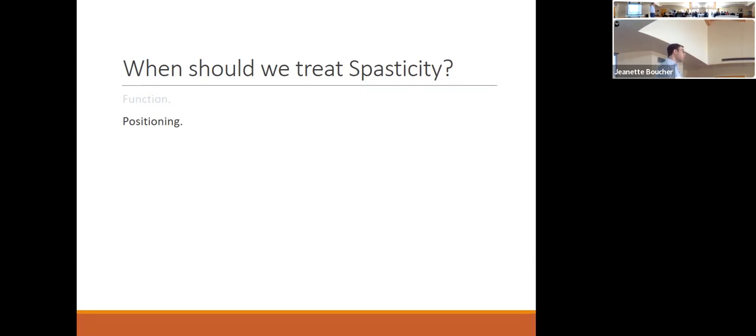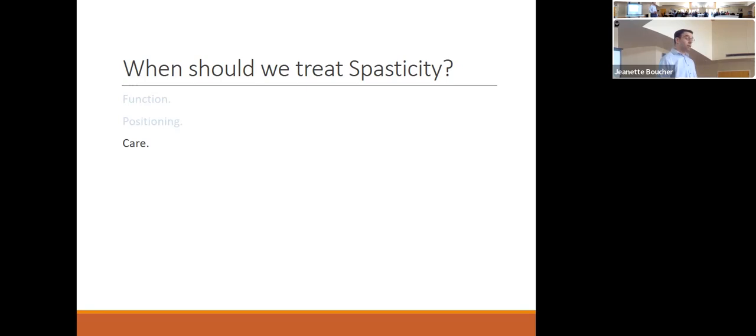For patients that are lower level and might be wheelchair dependent for mobility, if we want to improve positioning in our seating, we can treat spasticity. So really, patients along the entire spectrum, whatever level you're at, we'll meet you there if your goal is to get your spasticity better improved.